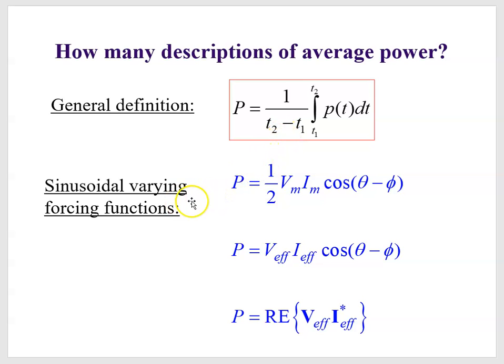Then we said with sinusoidal varying functions, that was just 1/2 of the voltage amplitude times the current amplitude of those sinusoids times the cosine of the phase difference, the phase of the voltage signal minus the phase of the current signal. If we used RMS values, we could drop the 1/2 factor. And now again, we're saying if we're using RMS values, we can just say it's the real part of our voltage phasor times the complex conjugate of our current phasor.